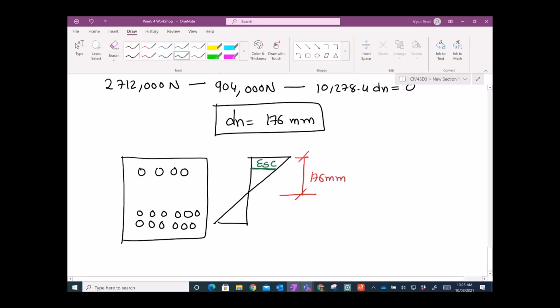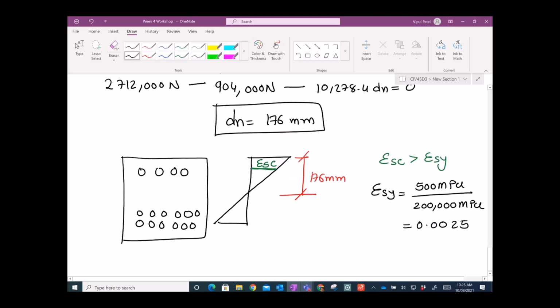ESC should be greater than the yield strain. The yield strain, if I want to calculate for any bar, is 500 megapascals, the yield strength, over the Young modulus of your rebar. So that will be 0.0025. So the strain in the top rebar should be greater than 0.0025 to validate this dN equal to 176.